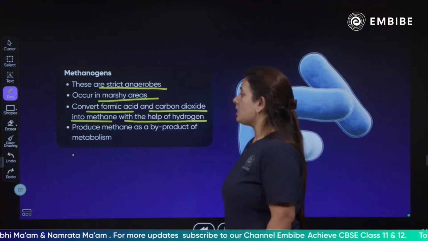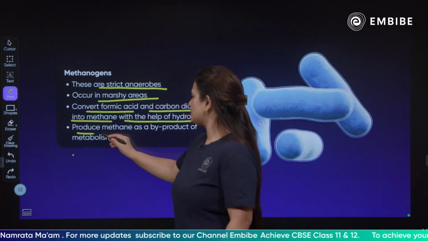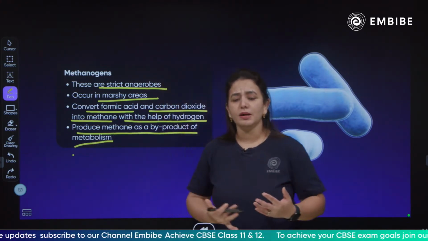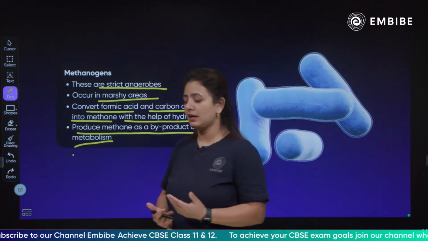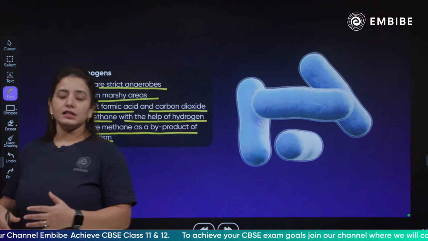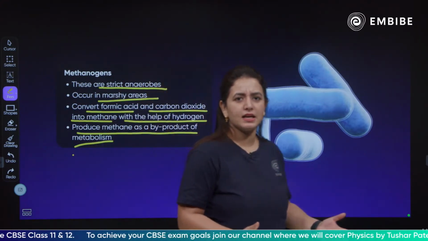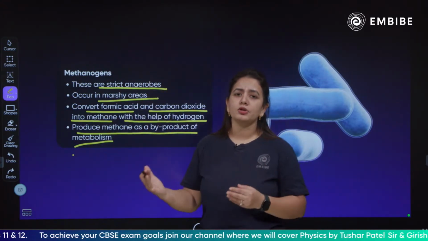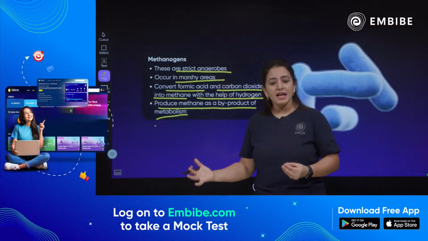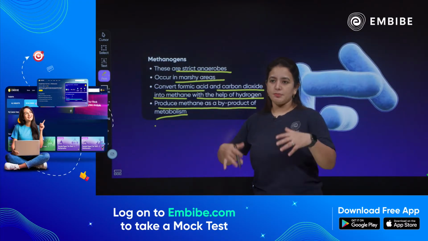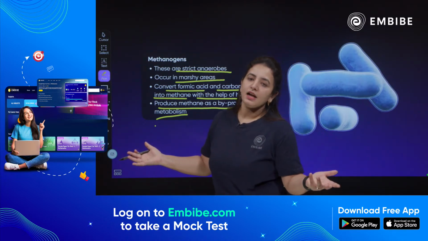So children, methane gas is produced as a byproduct of their general metabolism which is taking place inside their body. As a waste product, these Methanogens are producing methane gas. For them, methane gas is a byproduct, but it can be utilized by us also.